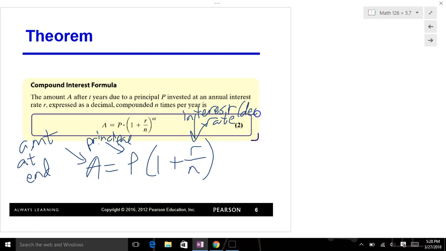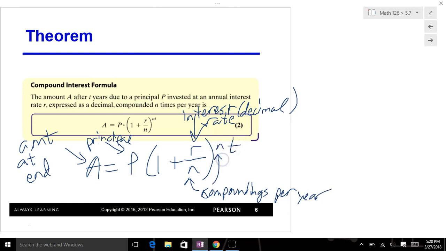Make sure you punch this in as a decimal. Over N, so N compoundings per year, all to the NT. Again, the N is the same number of compoundings per year. And then finally, the T is the time in years.